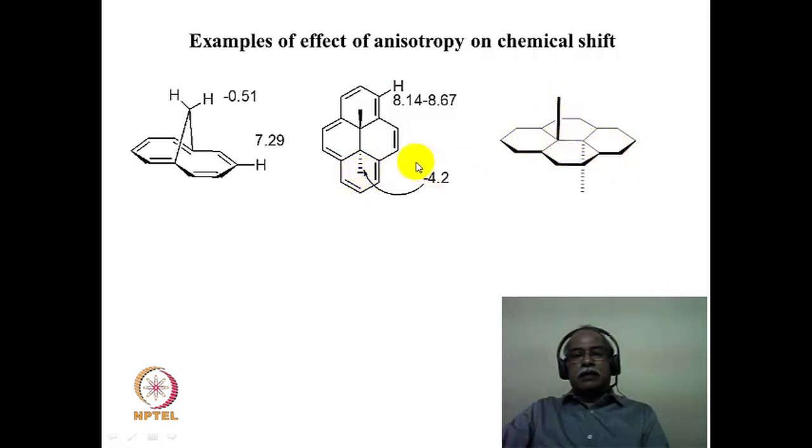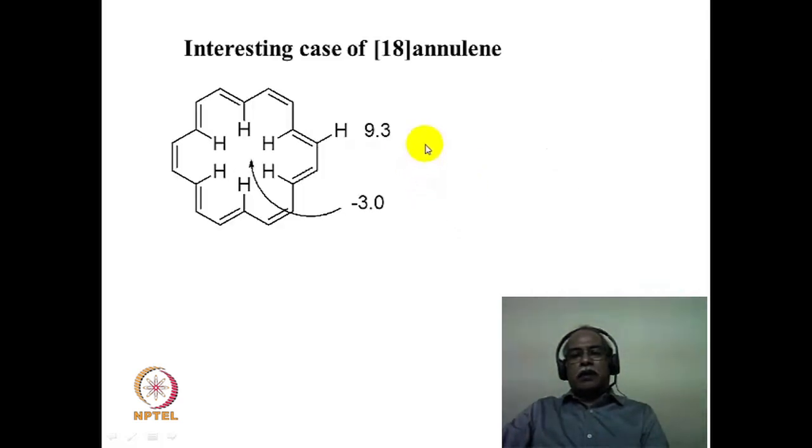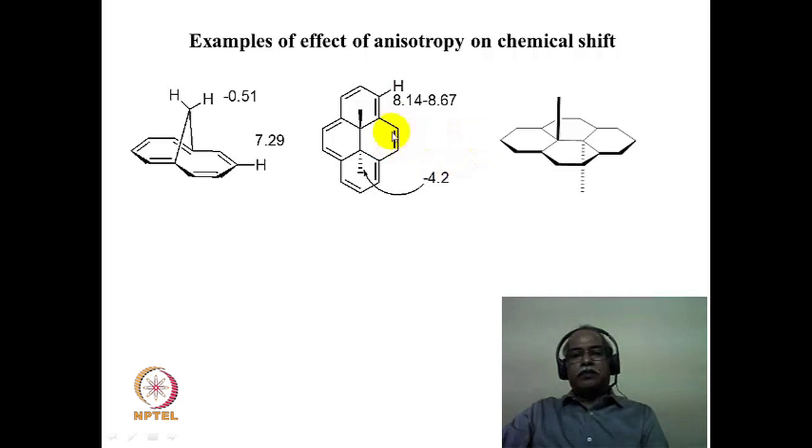As a result of the anisotropic effect, which is a highly shielding zone above and below the plane of the aromatic ring, these hydrogens appear at minus 4.2 delta ppm. And this is one of the lowest values that is reported for an aromatic system. And if you look at the peripheral hydrogens, they appear in the normal region of aromaticity, around 8 ppm or so is the chemical shift value of the various hydrogens in this one.